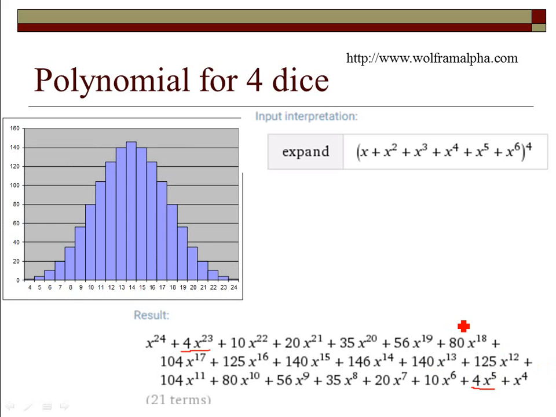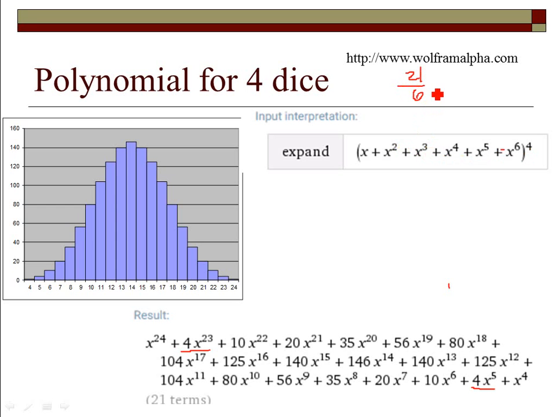Now, the most likely sum, if I'm doing 4 dice: when I do 1 die, the average of the pieces right here, 1 through 6, if I add them all up, I get 21.